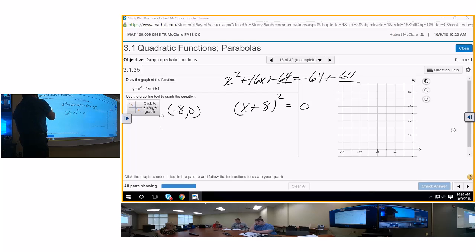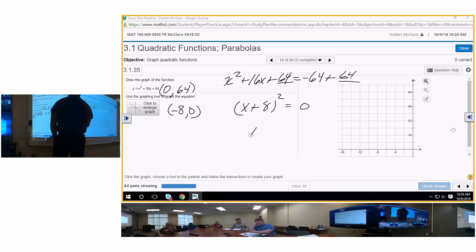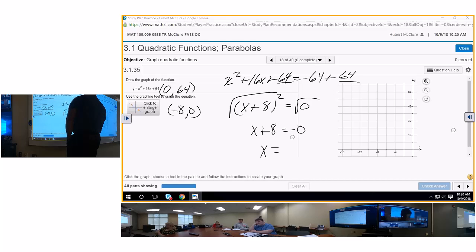Your y-intercept is 64. Take the square root of both sides, and x is equal to negative 8.